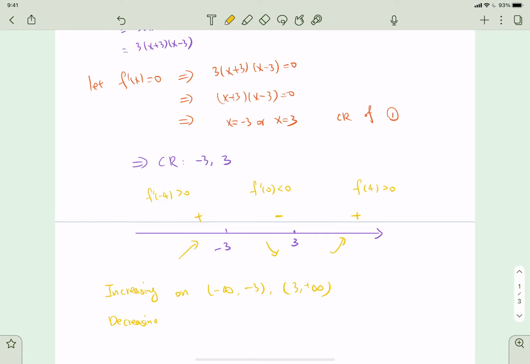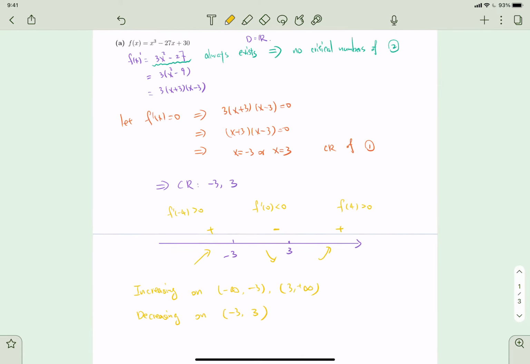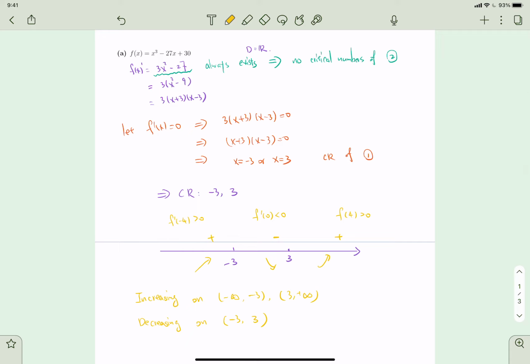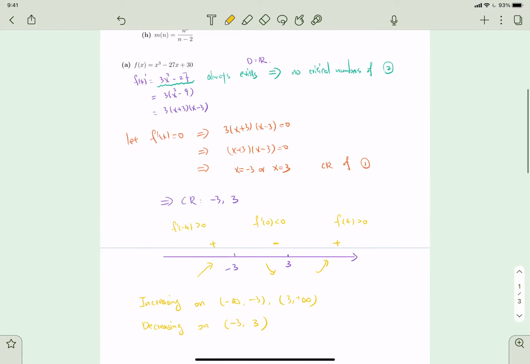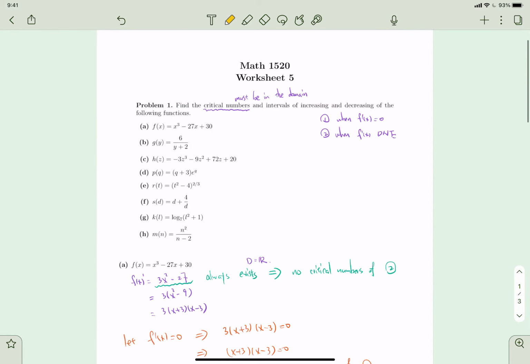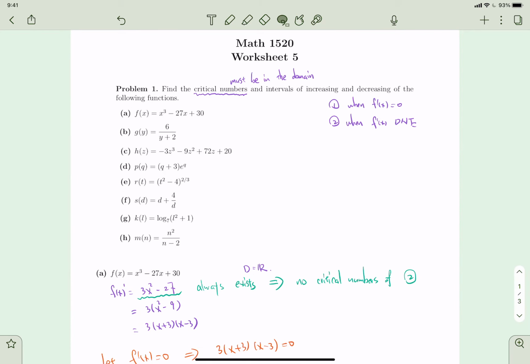Decreasing on this interval from negative 3 to positive 3. Okay, so that is how we handle this question about increasing and decreasing intervals. So now let's move on to the second question.